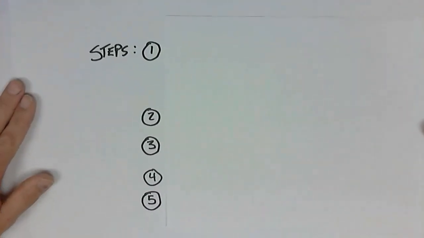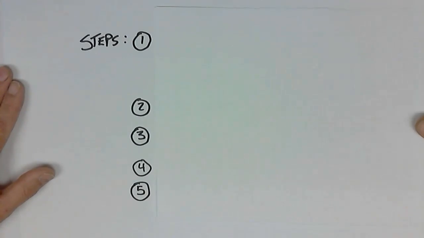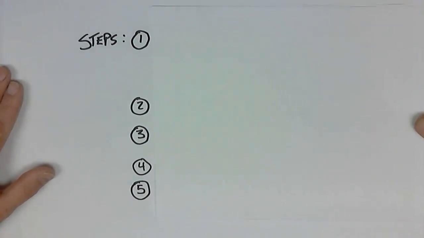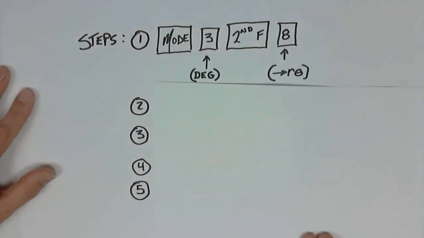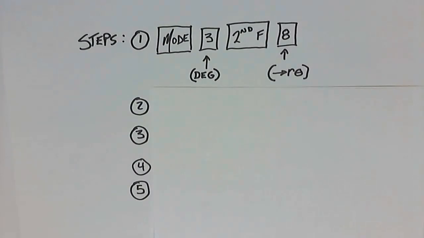What is the process? Well, it's going to be a number of steps. You have to change your calculator's mode, and then we have different buttons to enter depending on what we want to signify, either an angle or a magnitude. So, step 1. This is setting your calculator in a manner that allows for phasors to be entered.